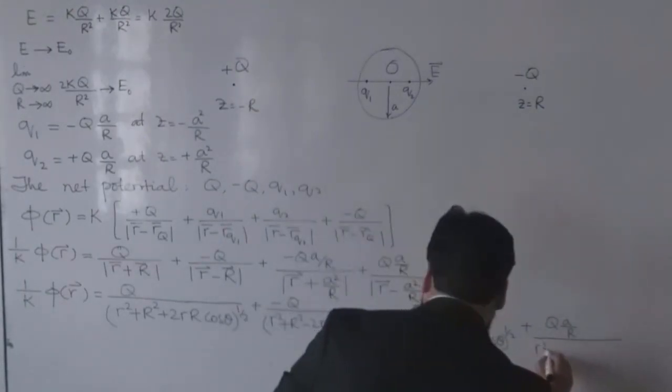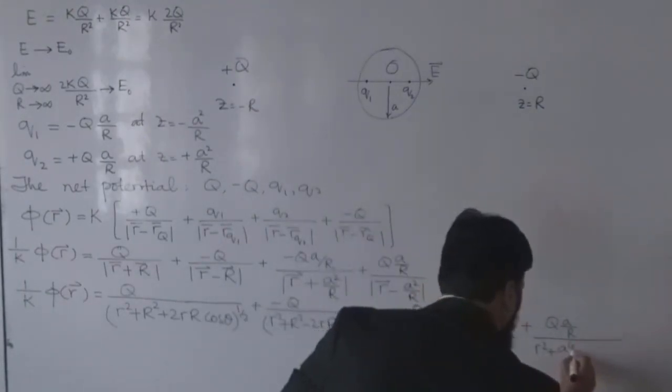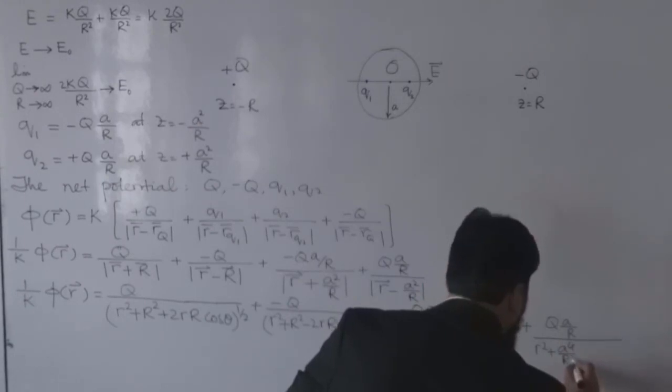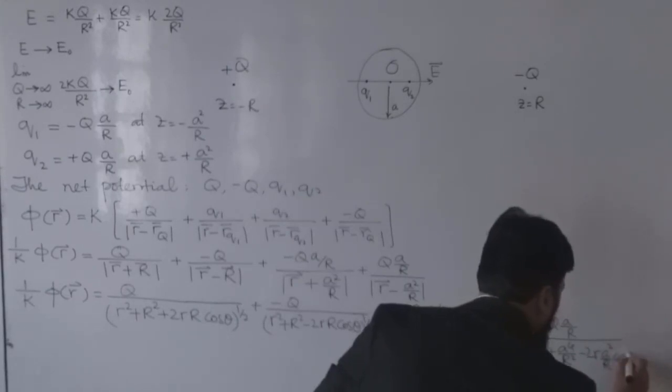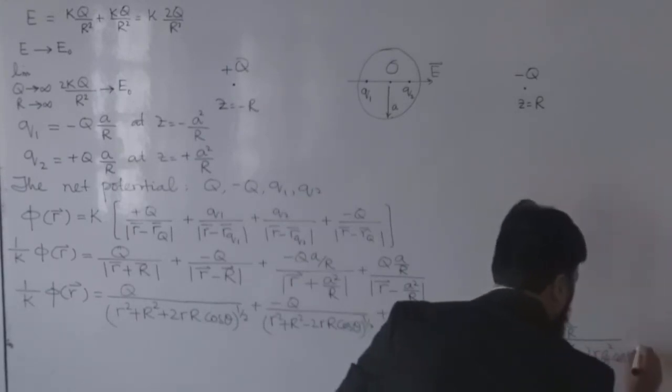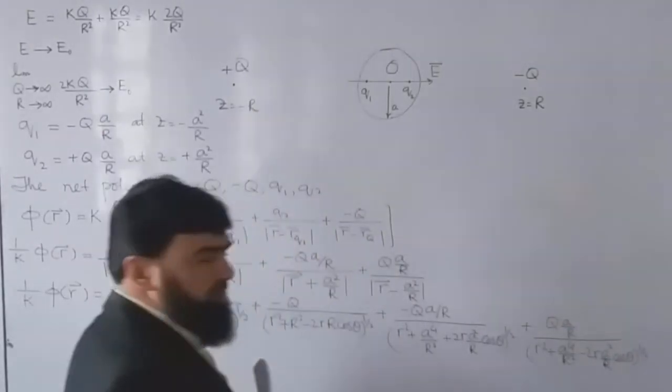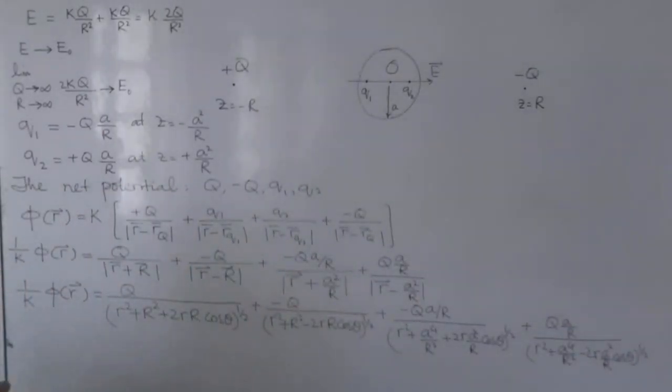So r square plus a4 over r square minus 2r a square over r cos of the angle. Right? Now we will have to apply our limits, these limits.